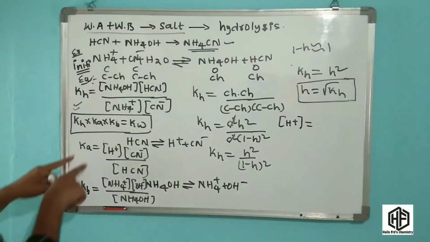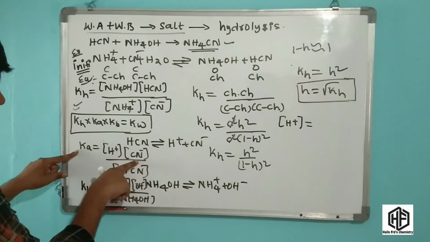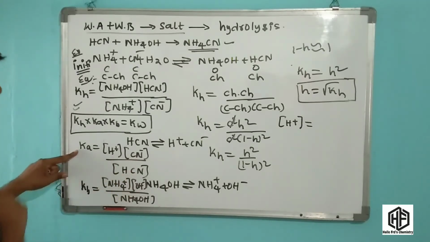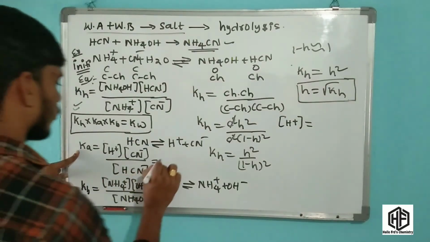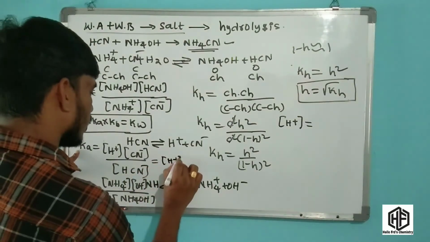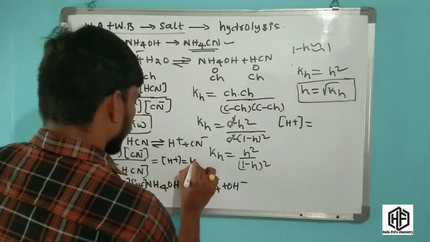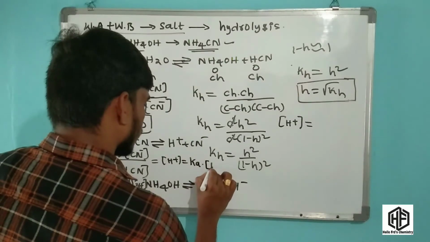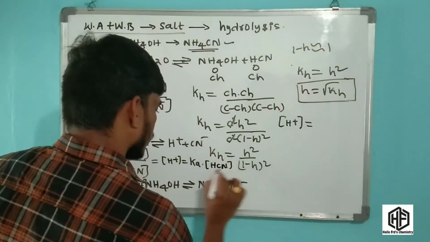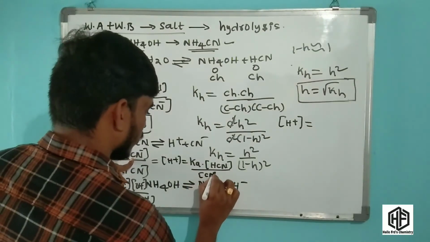Friends, Ka is equal to concentration of H plus into concentration of CN minus by concentration of SCN. Now in this reaction, H plus ion concentration is equal to Ka into concentration of SCN by concentration of CN minus.